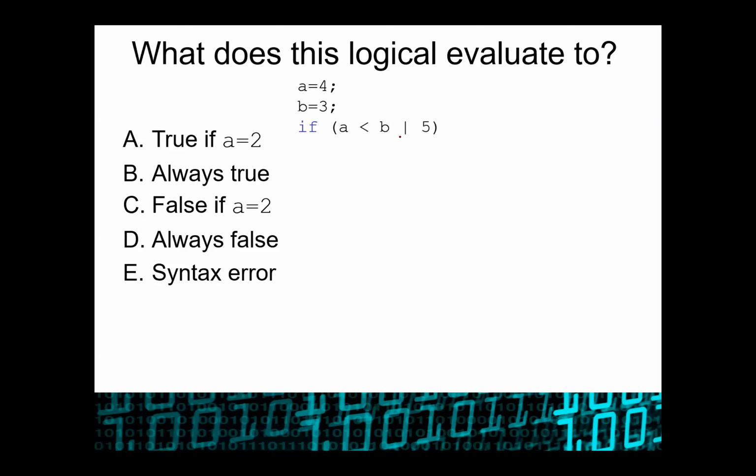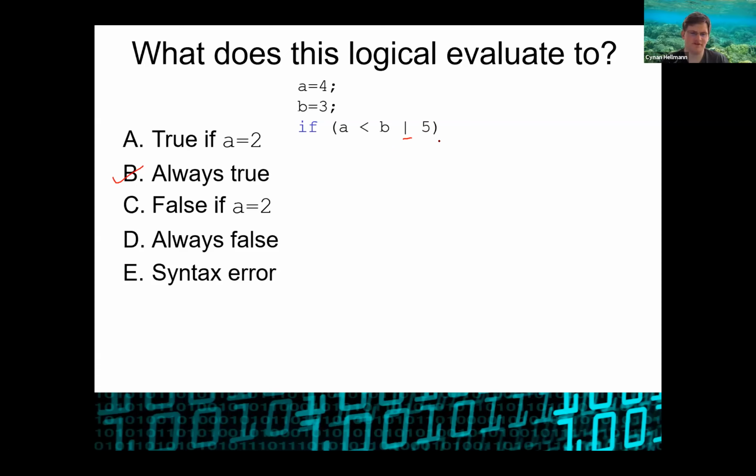So the logical precedence, the OR would be evaluated last. And regardless of what the result of this is, since this is always true, then one of the two has to be true to get the answer as true. So this will be always true. Make sense? Why is OR 5 always true? Anybody want to answer that?